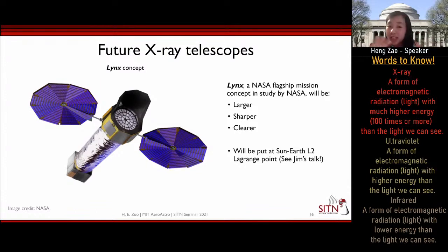It will probably rotate to a different angle and look at something else, but it's relatively stable at the L2 point. The Chandra one does rotate around the Earth. I don't do that part of the research, but I'm pretty sure you can't really collect the data while it's moving all the way. So the scientists must have ways to deal with that part. Well, that's a good question.